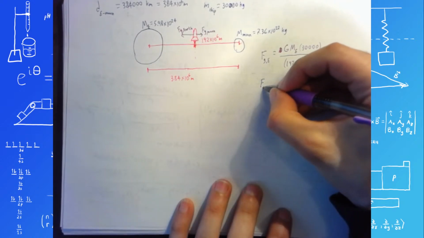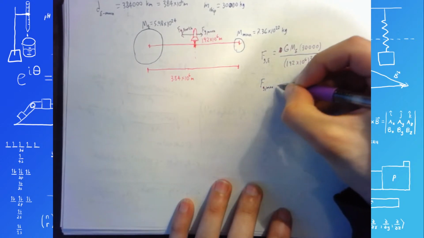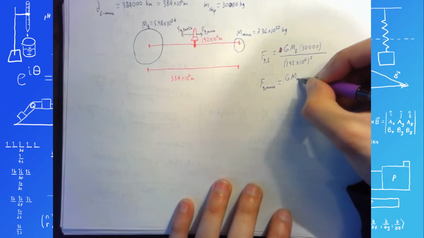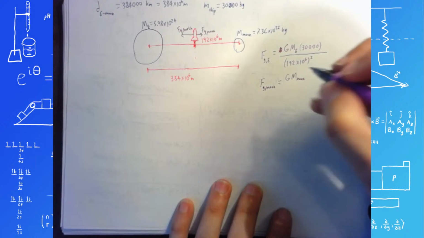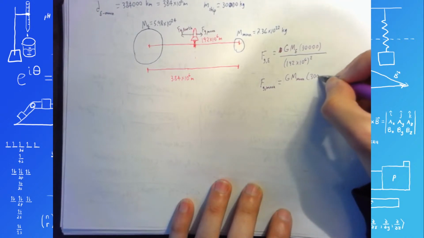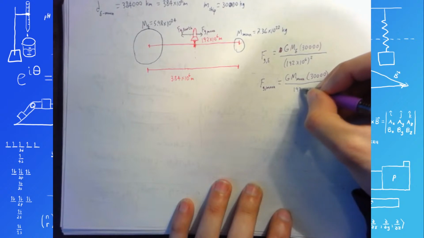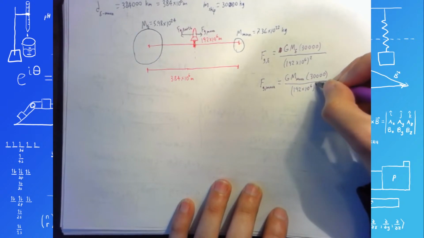And then force of gravity, moon, is going to be big G, mass of the moon, times the mass of the ship, over also 192 times 10 to the 6 squared.